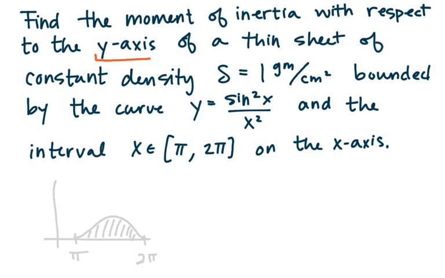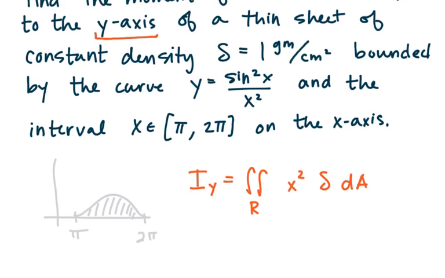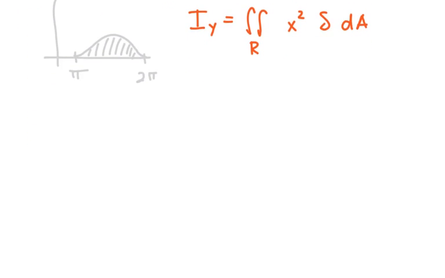Our moment of inertia about the y-axis is given by the formula I sub y equals the double integral over that region R of x squared delta dA. Let's set this up and think about what our bounds need to be. Should we integrate with respect to x or y first?